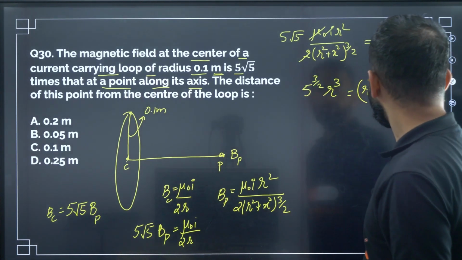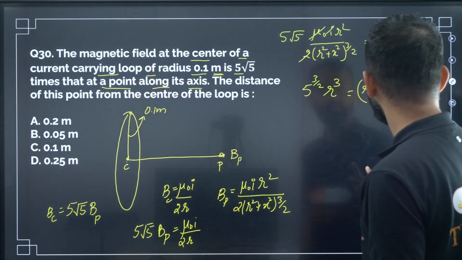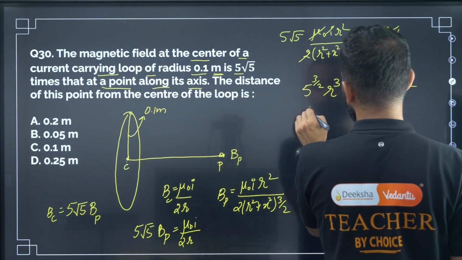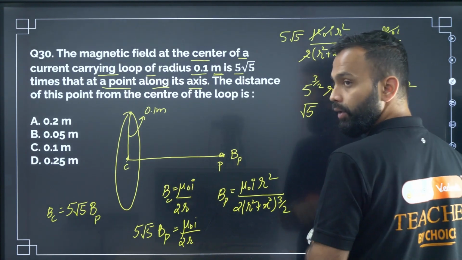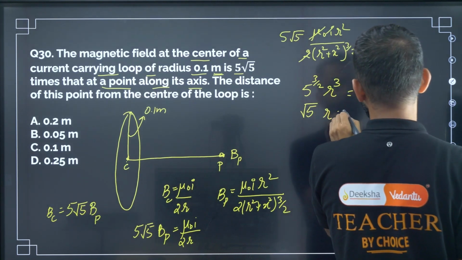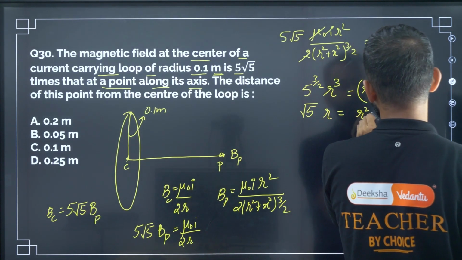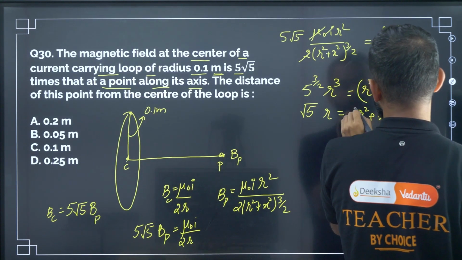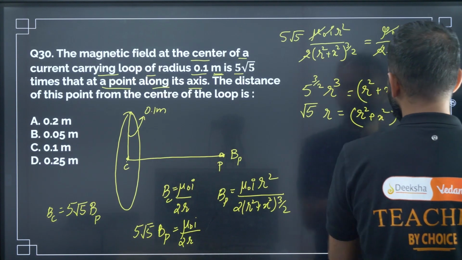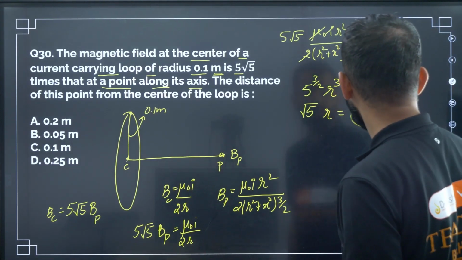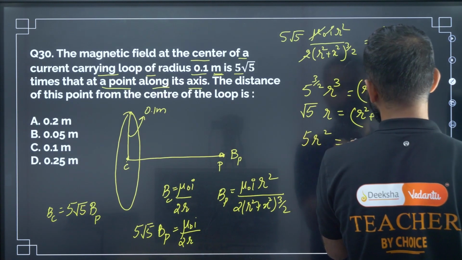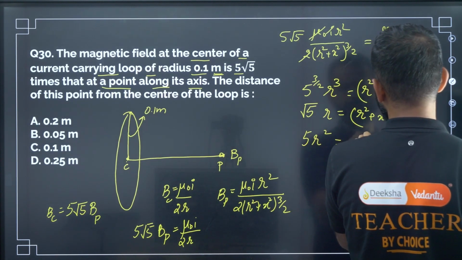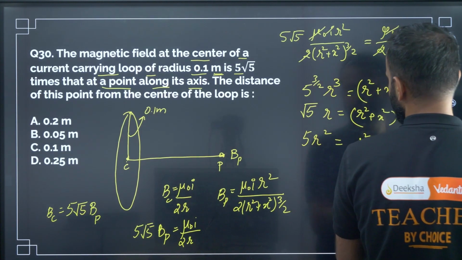Now take cube root on both sides. This will be root 5 into R equal to (R square plus x square) to the power 1 by 2, or root of R square plus x square. Now take square on both sides: 5R square is equal to R square plus x square.